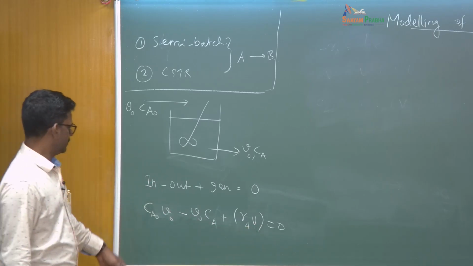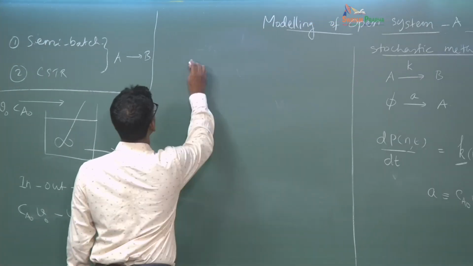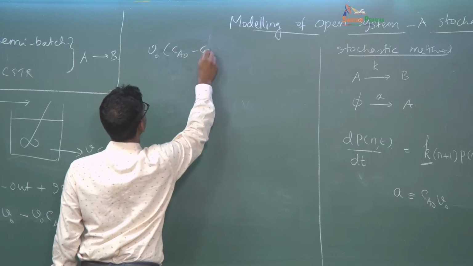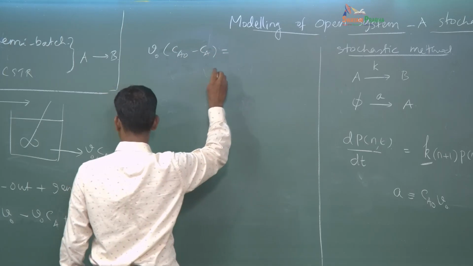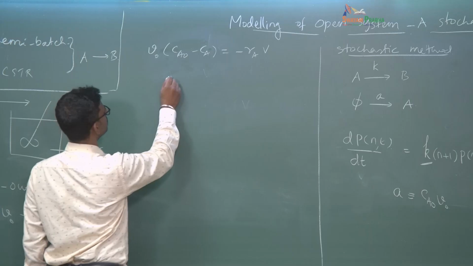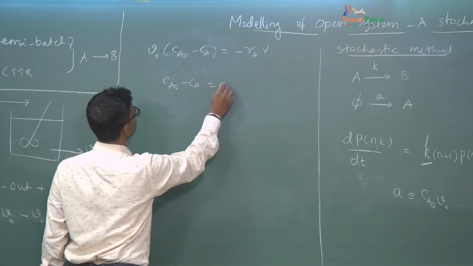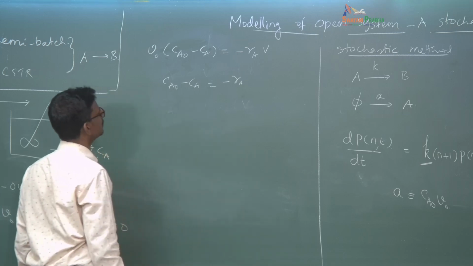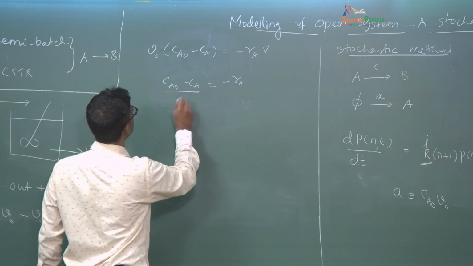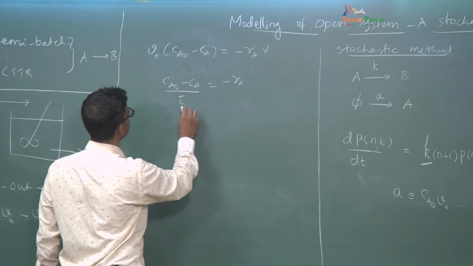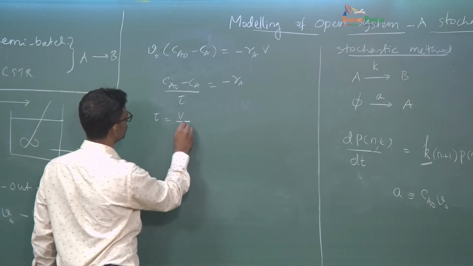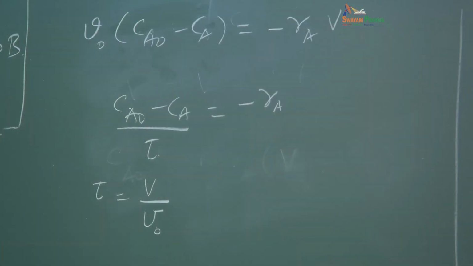So what you get from here is V naught into CA naught minus CA equals minus RAV, and CA naught minus CA is equal to minus RA times tau, where tau is the volume of the reactor divided by the volumetric flow rate.